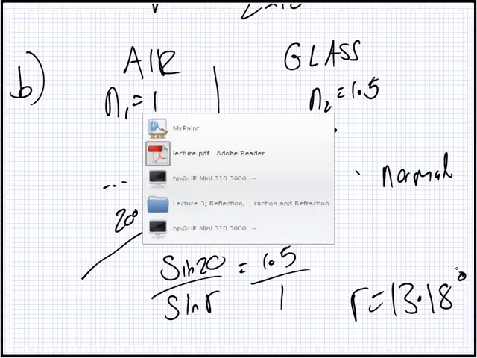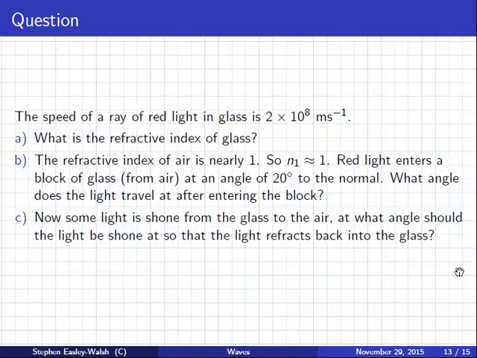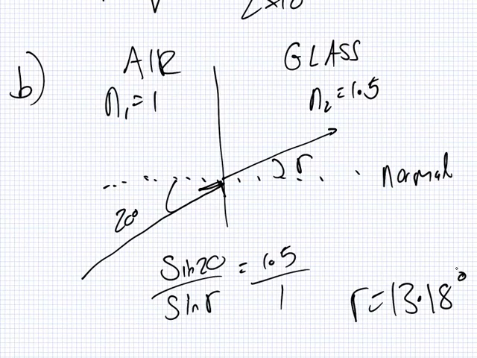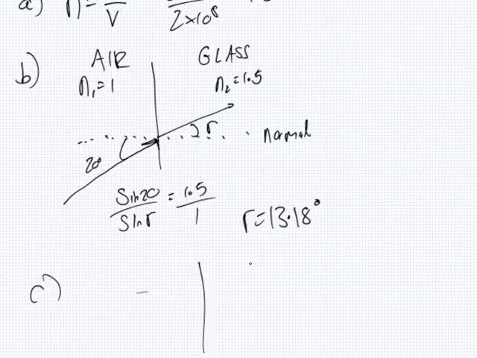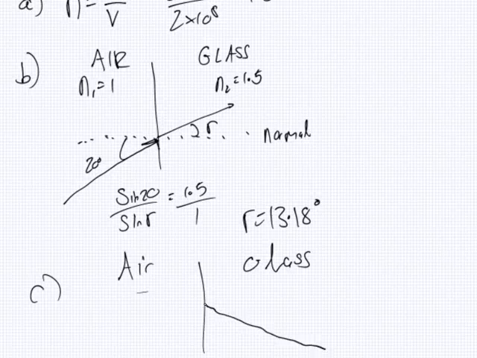Now C, the last part. Some light is shone from glass to air. What angle should it shine at so that it's a critical angle, basically? So this time we have it from glass to air. The light comes in, hits the air from the glass, but this time travels along the boundary.